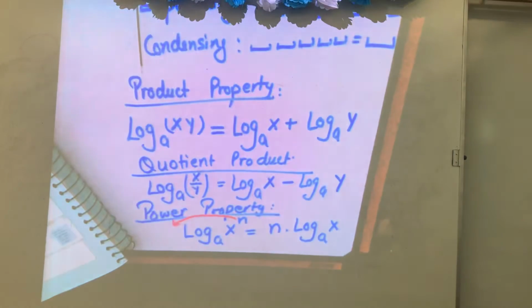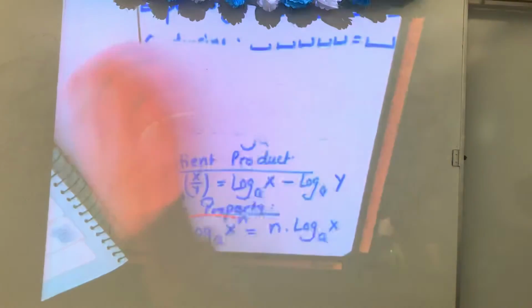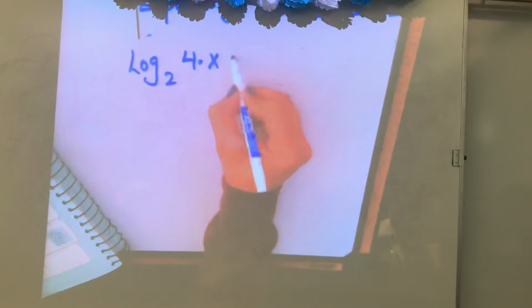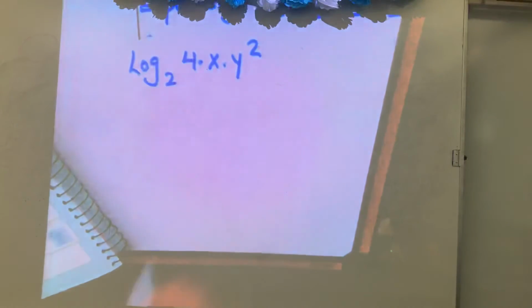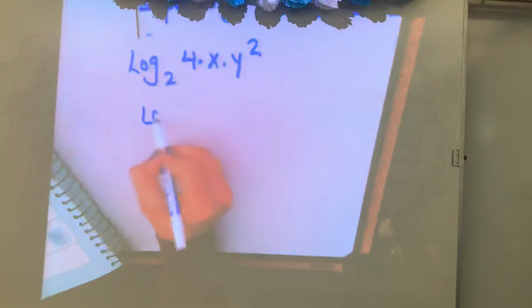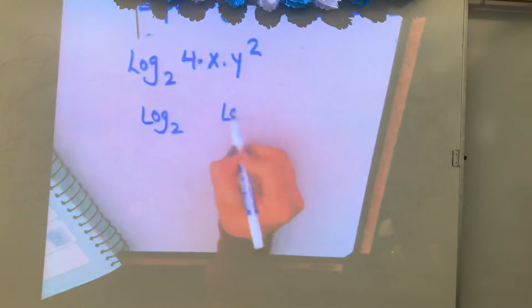Today's lesson is totally based on expansion of log expressions, and tomorrow's video is going to be on condensing. Let's look at the first example on expanding. Let's say I have log base 2 of 4 times x times y to the second. In order to expand, log and the base stay the same.